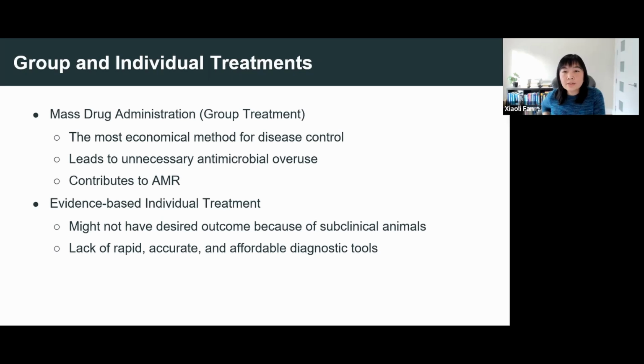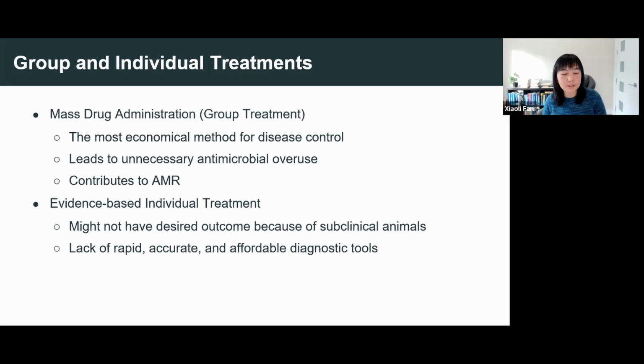On the other hand, we would prefer those individual treatments, and we only treat those animals who are sick. However, that's not desirable for the producers because there are a lot of animals in subclinical status.